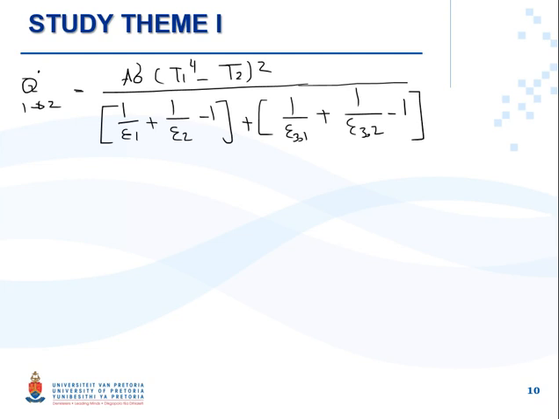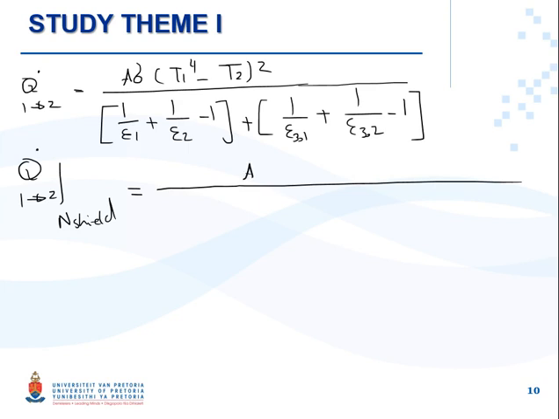How about n shields? Q dot 1 to 2 with n shields. Again the same, the driving force stays the same: sigma T1 to the power of 4 minus T2 to the power of 4.